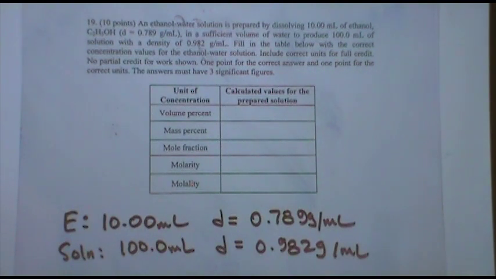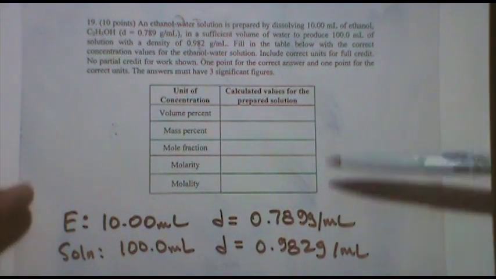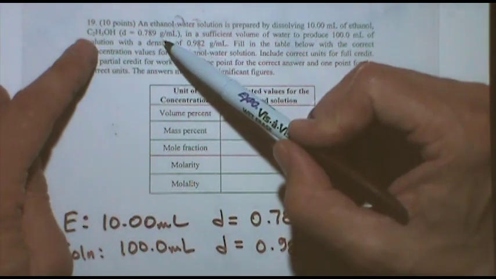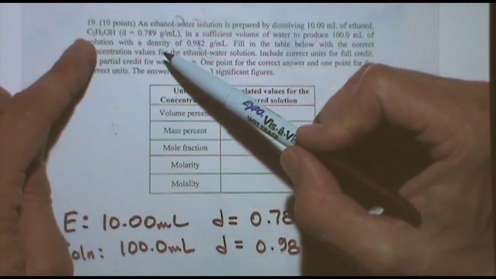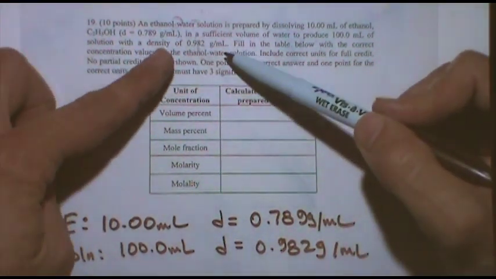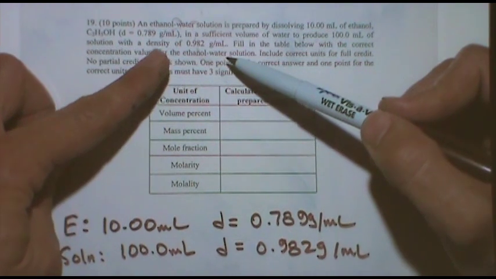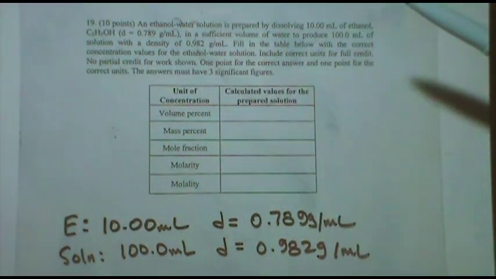The bottom one is the whole solution, so it includes the solvent and solute. I know this one is just for ethanol because it's listed after ethanol, so it doesn't have to say that specifically. If it's listed after the solution or says solution density, then it's the solution density.